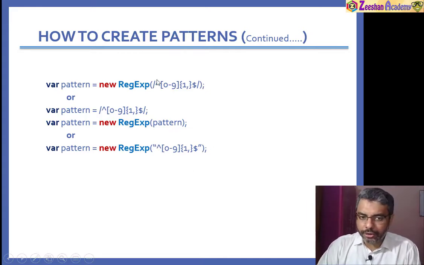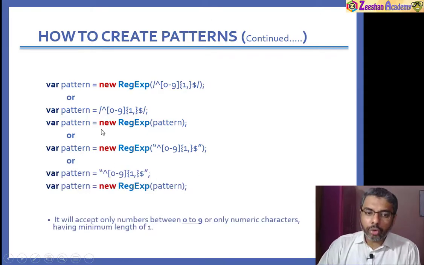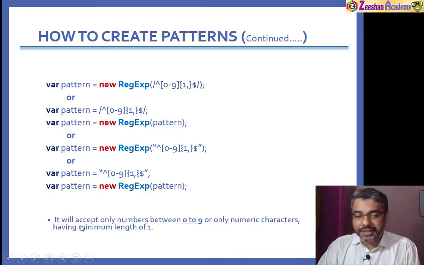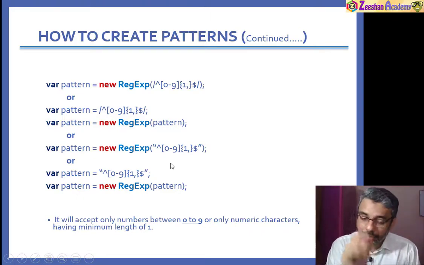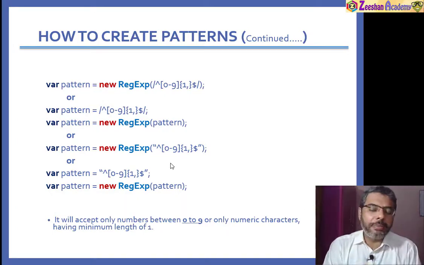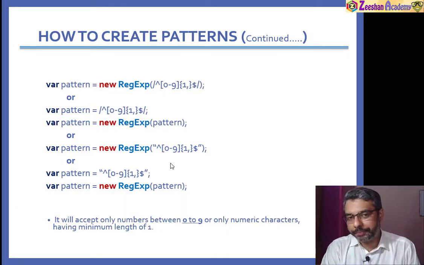If you are using quotation marks, don't use the slash. Okay. What this expression does is it will accept only numbers between 0 to 9, or only numeric characters having a minimum length of 1. So in the previous one, only alphabets.